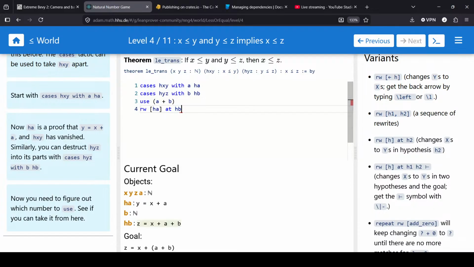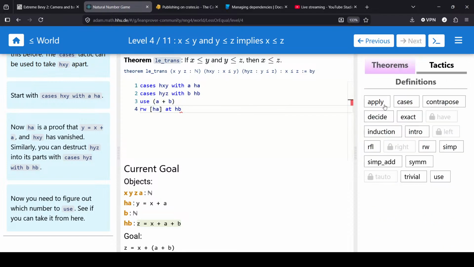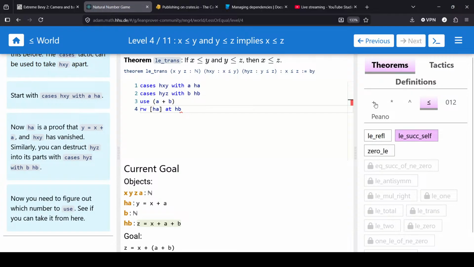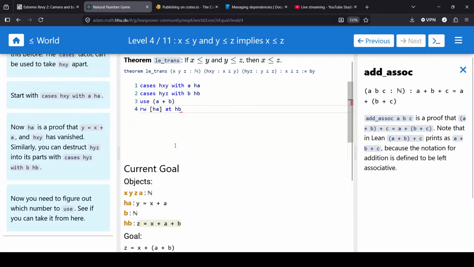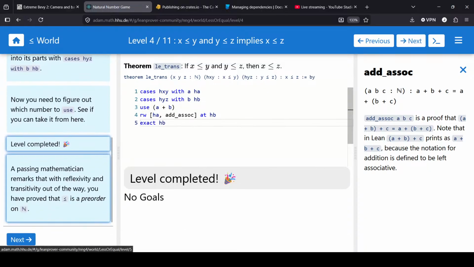Okay, cool. That's almost what I want. And then we use, or not commutativity, we use associativity to fix it. So we want to add a sock. There we go. Then we can do exact HB, and we win.